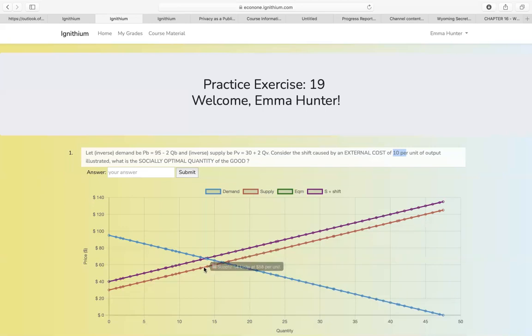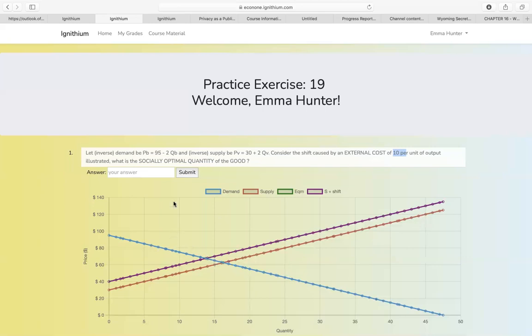It turns out that in this case, there's not a point on the original supply curve that corresponds to that same quantity, which is 13.75 units. But if you imagine a line that goes straight down there, then you can see there's this deadweight loss triangle that gets created by the overproduction as a result of the pollution.